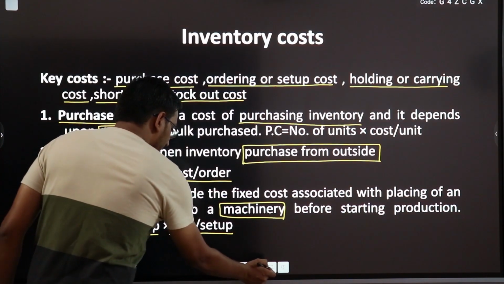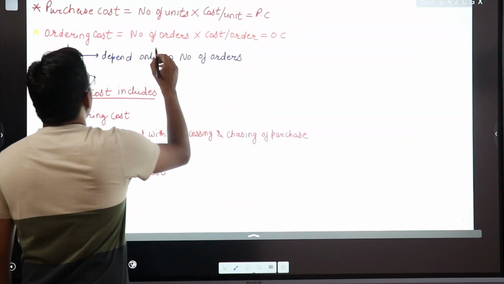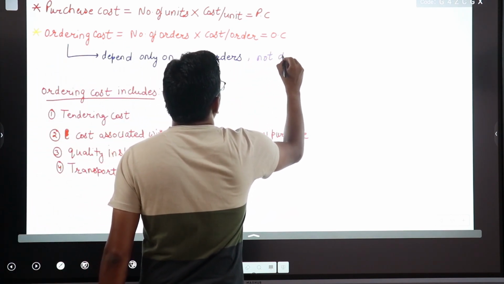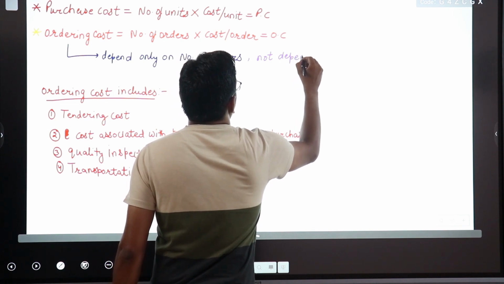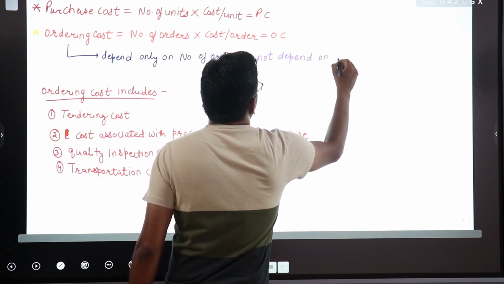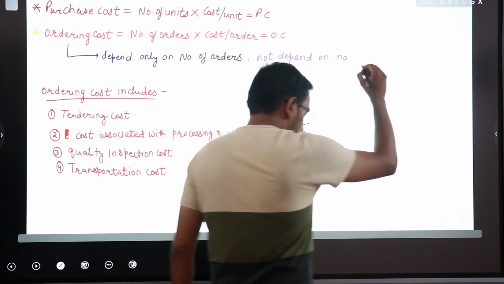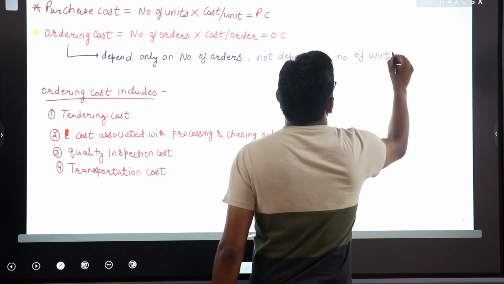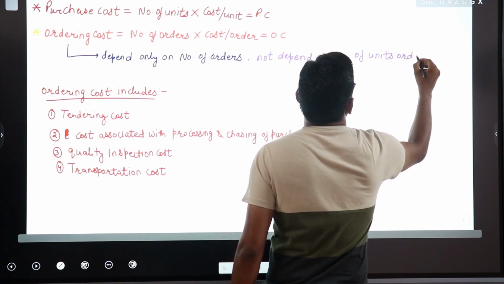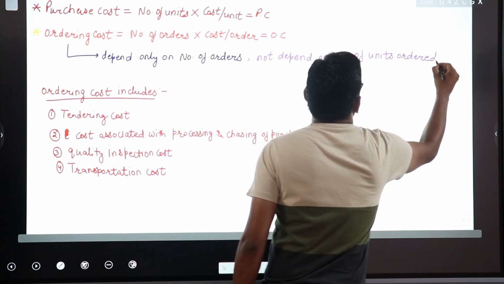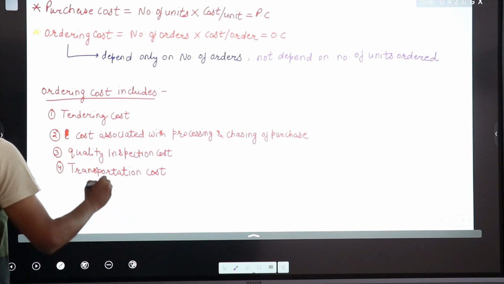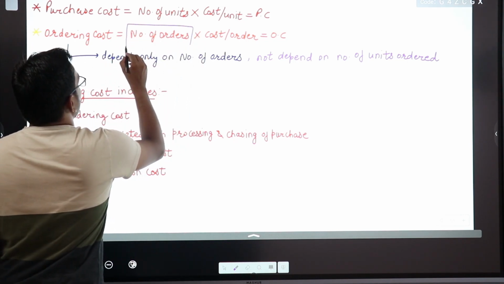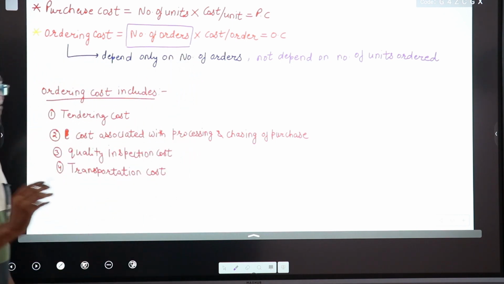This ordering cost will not depend on the number of units ordered. It is only a function of the number of orders. How many times you place an order, on that only the ordering cost will depend.